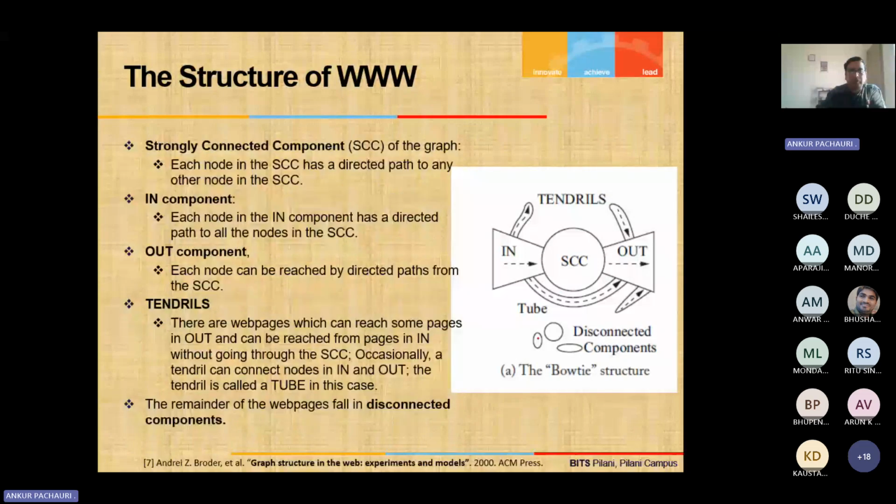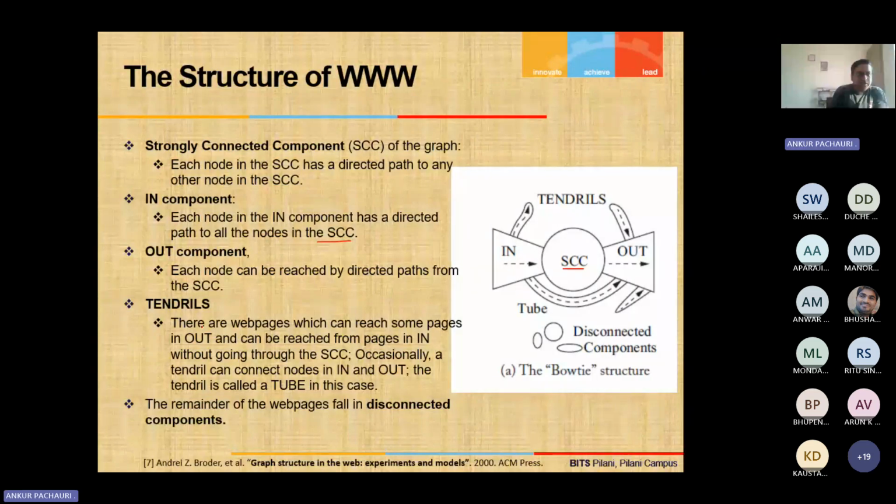The in component has all those web pages which are connected to the web pages that belong to the SCC, so he called it in. Each node in the in component has a directed path, not a direct edge, a directed path to all the nodes in the strongly connected component. They are pointing towards Google or Yahoo search pages, something which belongs to the densely connected part, the strongly connected component.